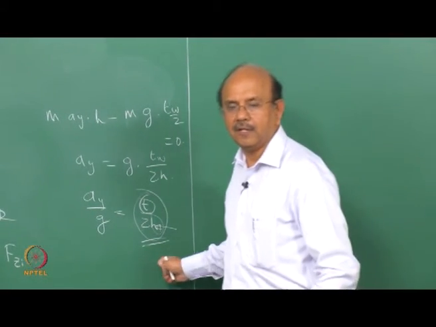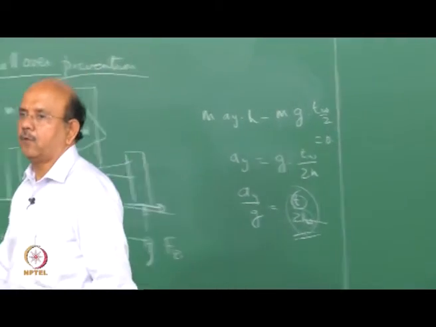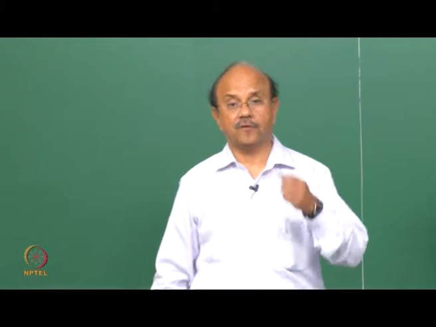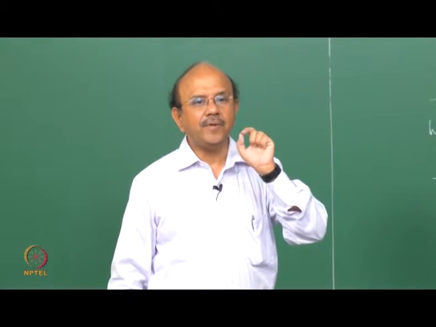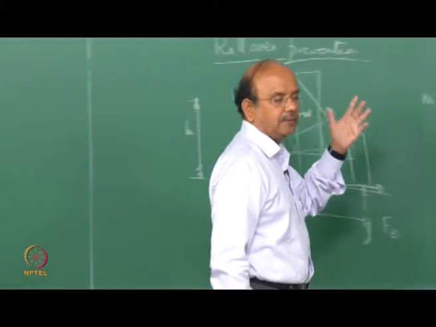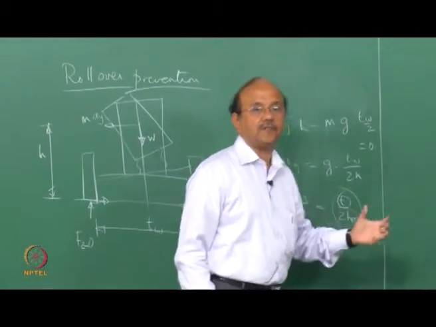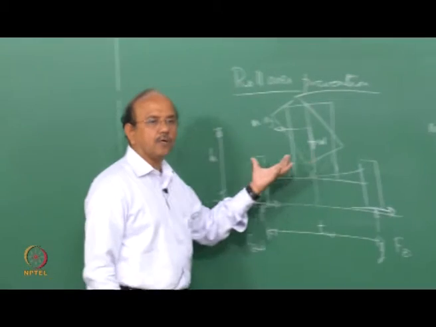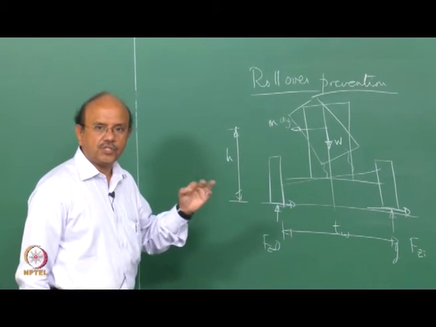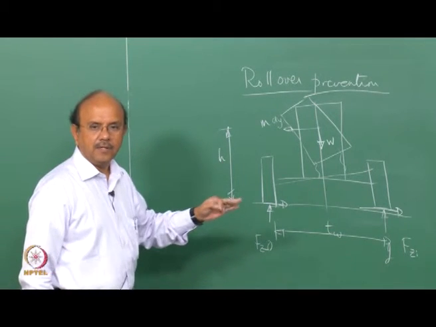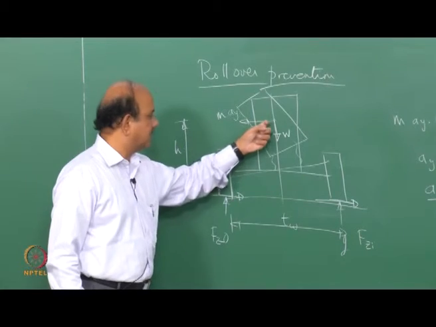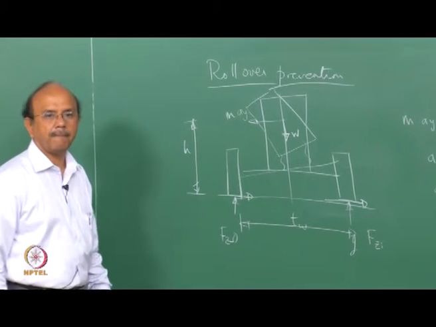There are at least 4 factors which have an effect. The major effect, maybe even 25, 30%, is because of this roll. So my first job right now is to find out what this roll is and how that affects this h.